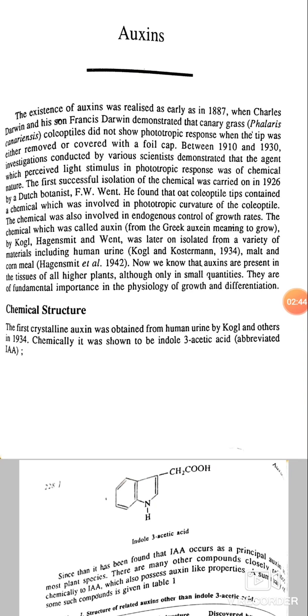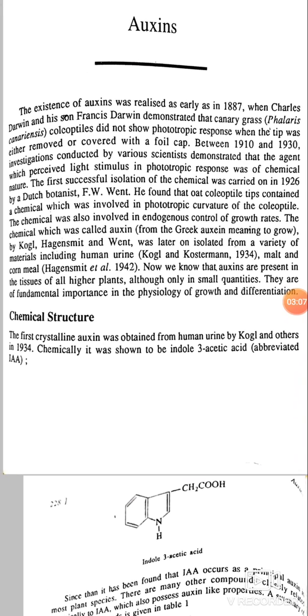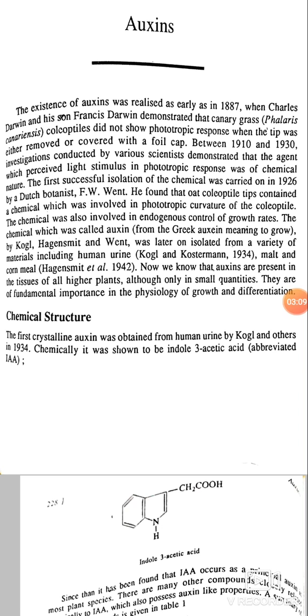Now we know that auxins are present in the tissues of all higher plants, although only in small quantities. They are of fundamental importance in the physiology of growth and differentiation of plants. The first crystalline auxin was obtained from human urine by Kogl and others in 1934.